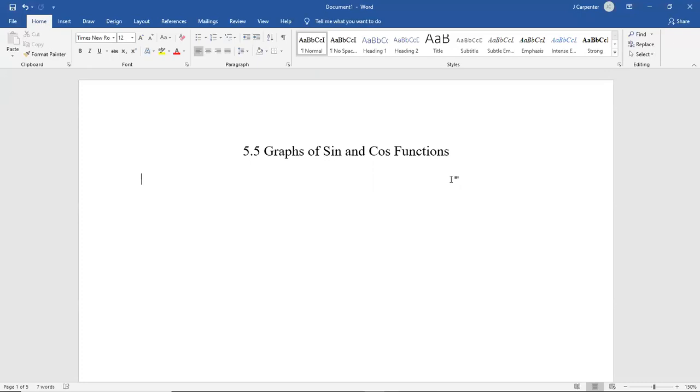Or you can use your 2 triangles, which we'll do as well. So we will make the horizontal axis the angle theta, and the vertical axis the output of the trig function.